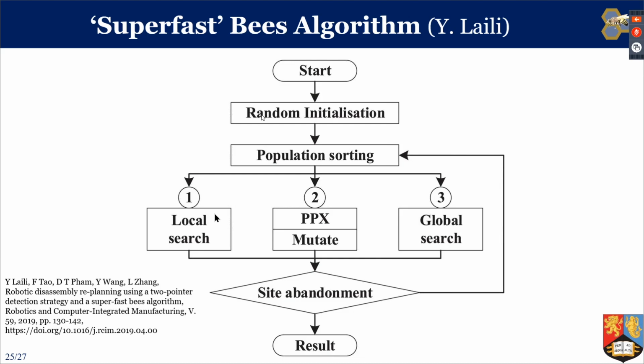The best bee is used for local search, and this search is a greedy search. The middle ranking bee is used to conduct an evolutionary type of search, and we apply crossover and mutation to it.